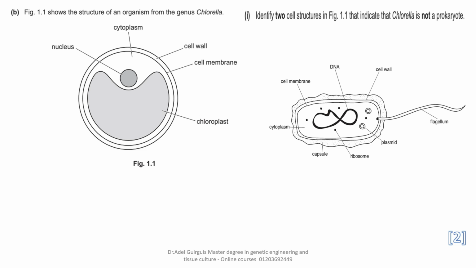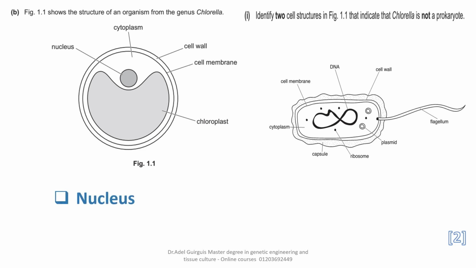Its genetic material, DNA, is spread in the cytoplasm, and it also lacks membranous organelles: no chloroplast, no mitochondria, no rough endoplasmic reticulum. So here I need to mention two cell structures that indicate Chlorella is eukaryotic.